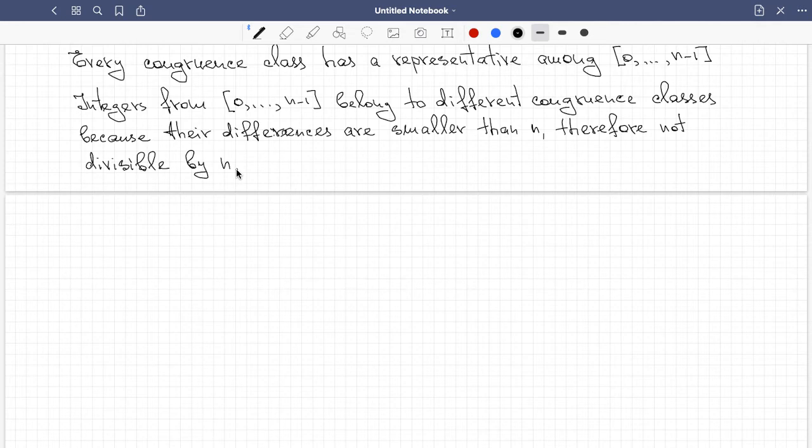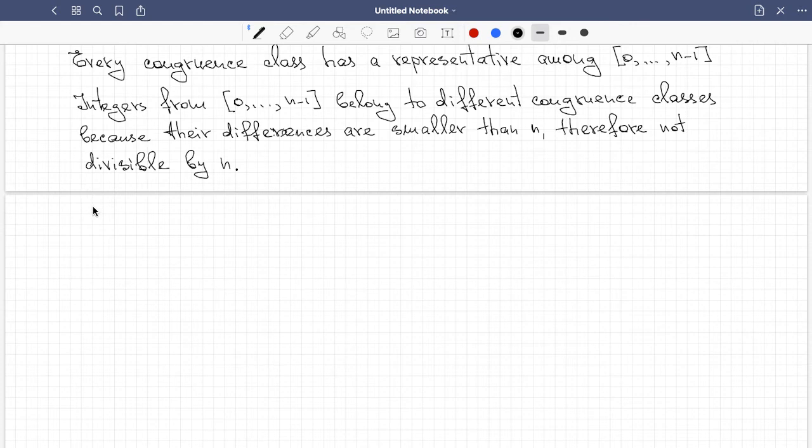Thus, every congruence class has exactly one representative among these integers.